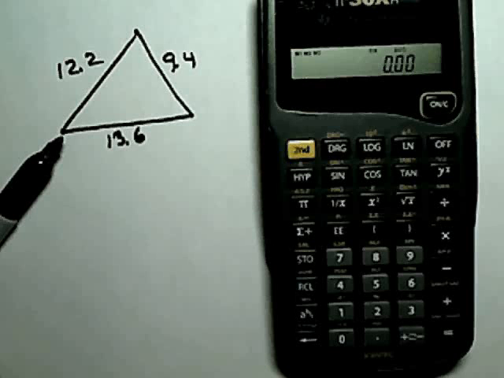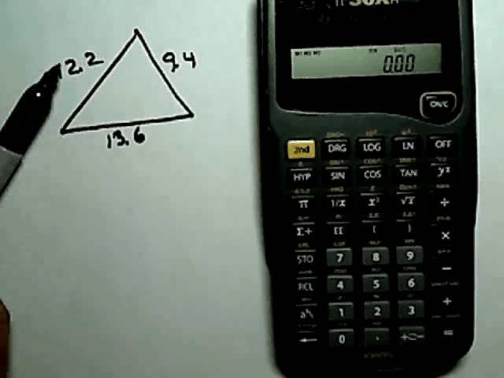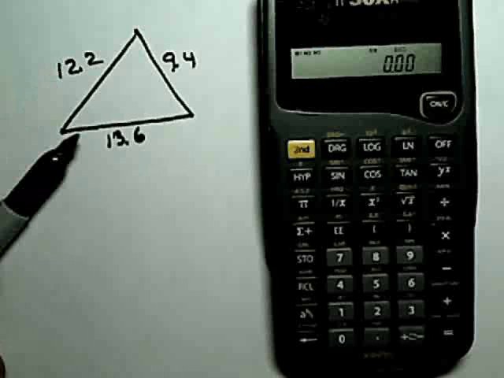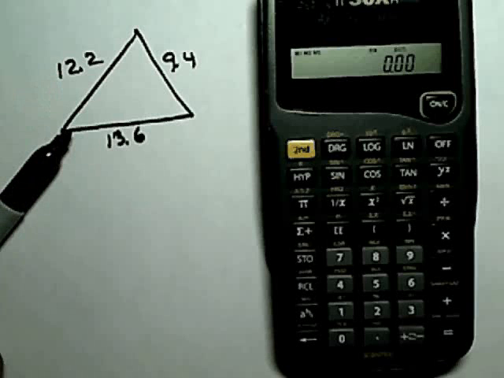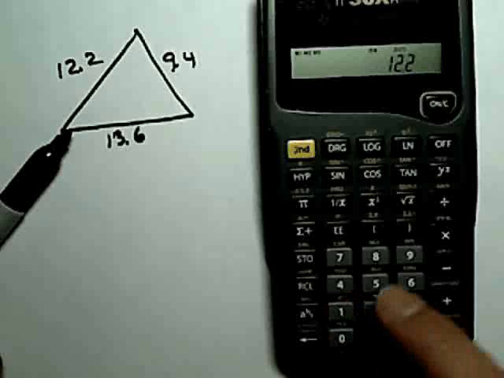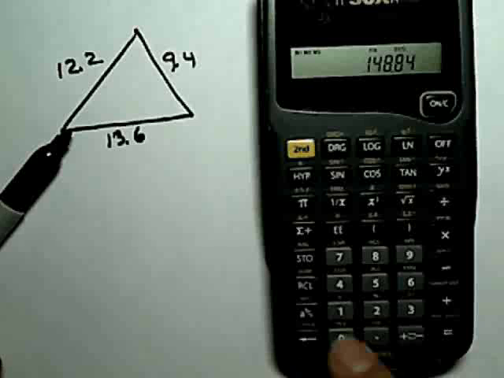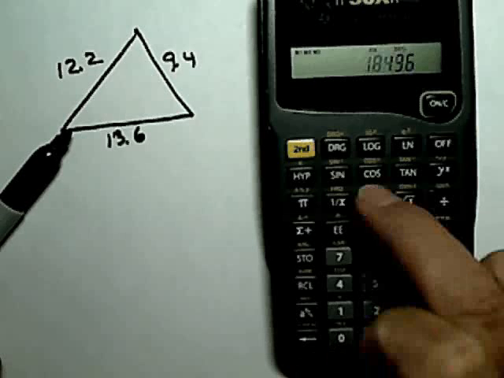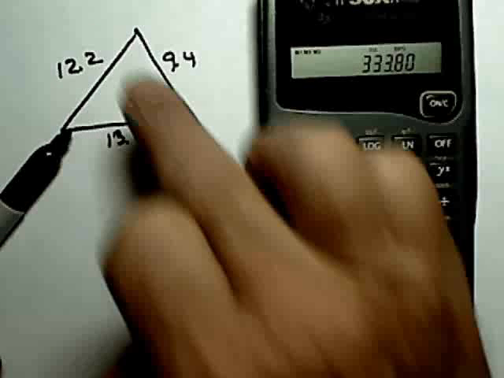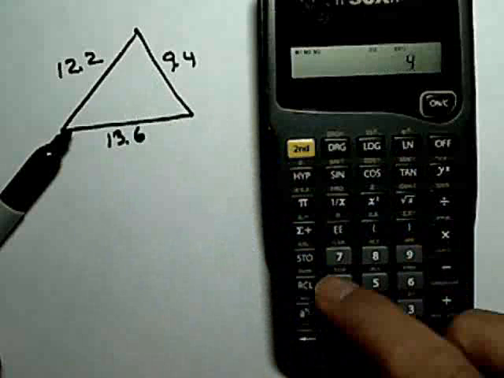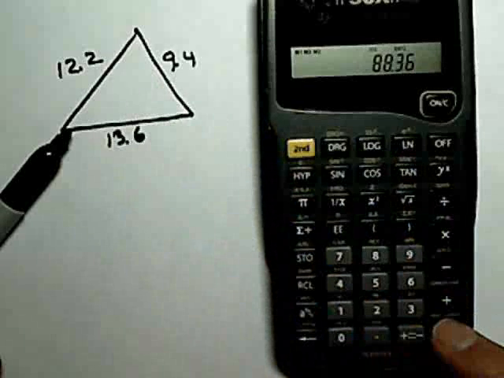And I'll do this first one pretty slowly. I'll pick out two sides, and I'll just take these two kind of at random, arbitrarily. And I'm going to take 12.2, and I'm going to square it. And I'm going to add that to 13.6 squared. And I'm going to subtract the opposite side, 9.4 squared. And I'm going to hit equals.